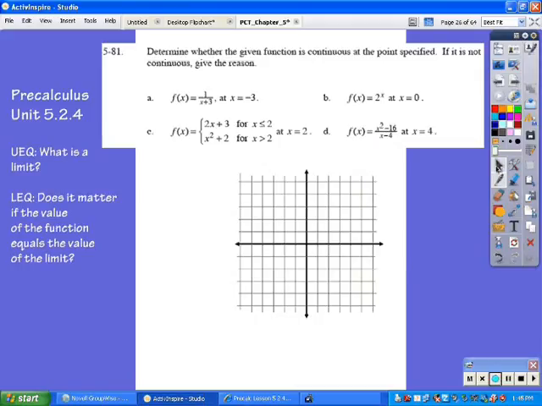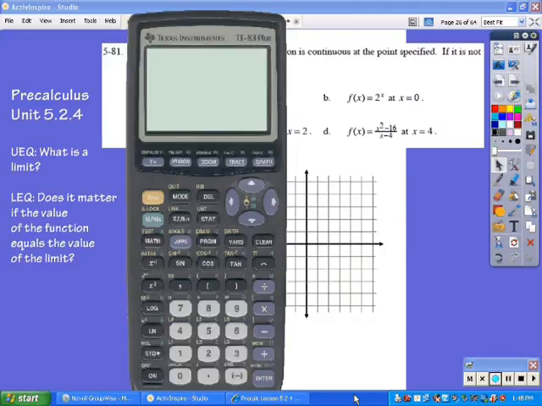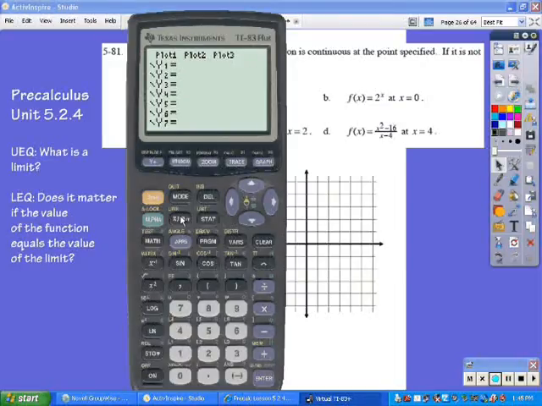As soon as we get loaded up here. There we go. Turn that on. Y equals, we're going to go x squared, parentheses first, x squared minus 16.